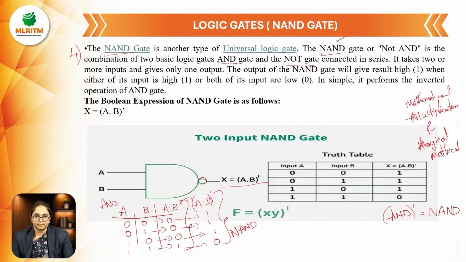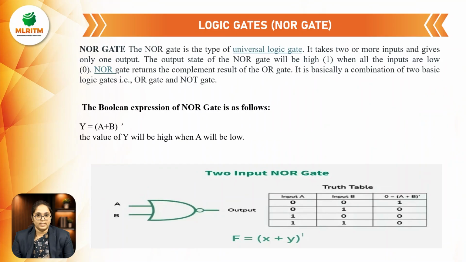The next logical gate, the fifth one, is the NOR gate. It is the same as your OR gate with a negation operation. It is a combination of OR and NOT.